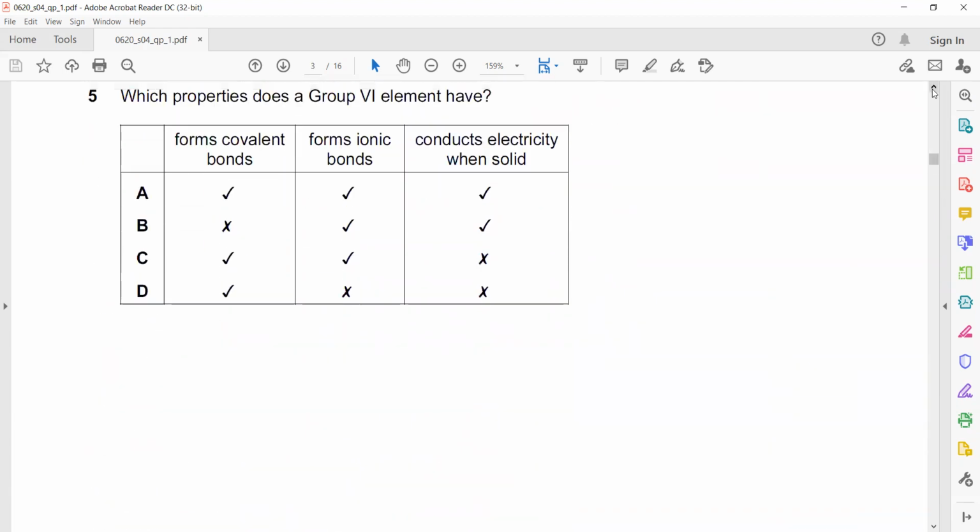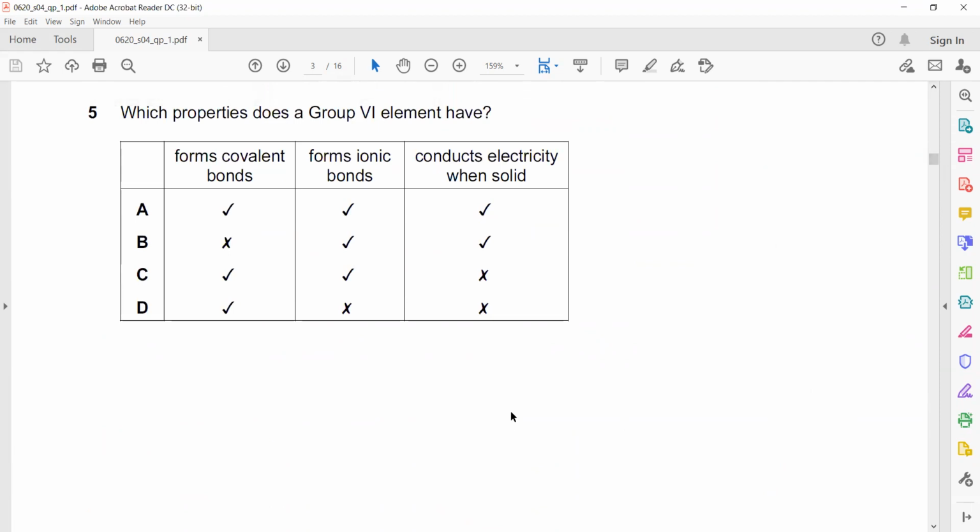Question 5. Which property does group 6 elements have? Group 6, they are non-metals.